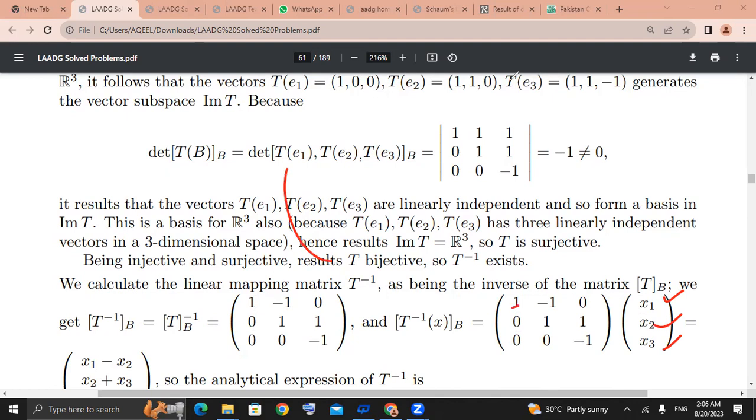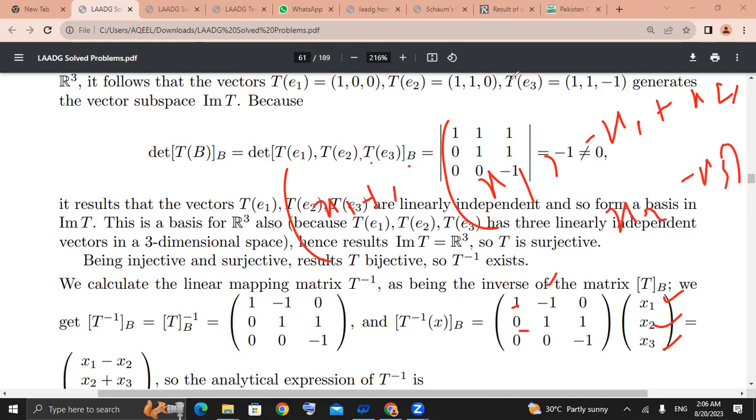The first element is x1, then the second one is 0 plus 0x2 plus 0x3. The first element is x1, the second shows minus x1 plus x2, and the third shows x2 minus x3. It is the inverse of the matrix. Is it clear? No.